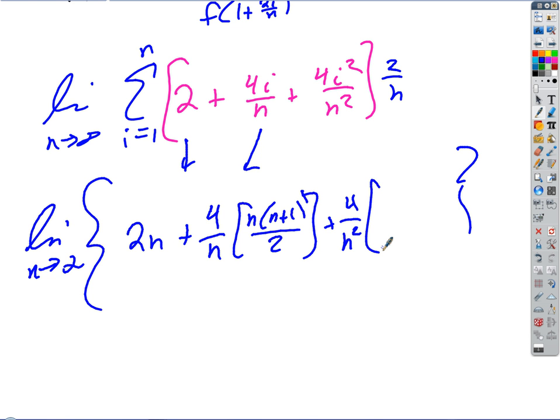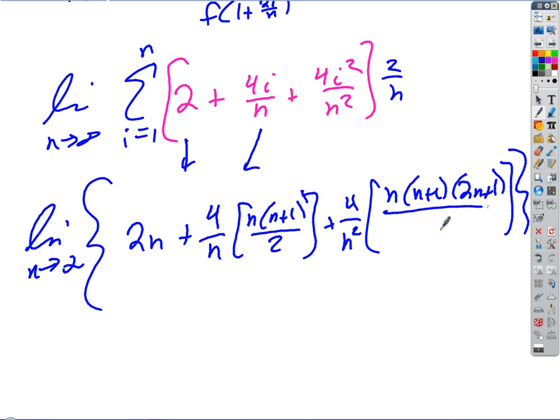And the sum of i squared from 1 to n, we said that was the weird one, n times n plus 1 times 2n plus 1, over 6. And then I've got my 2 over n outside the whole thing, which I kind of lost track of. Oops.